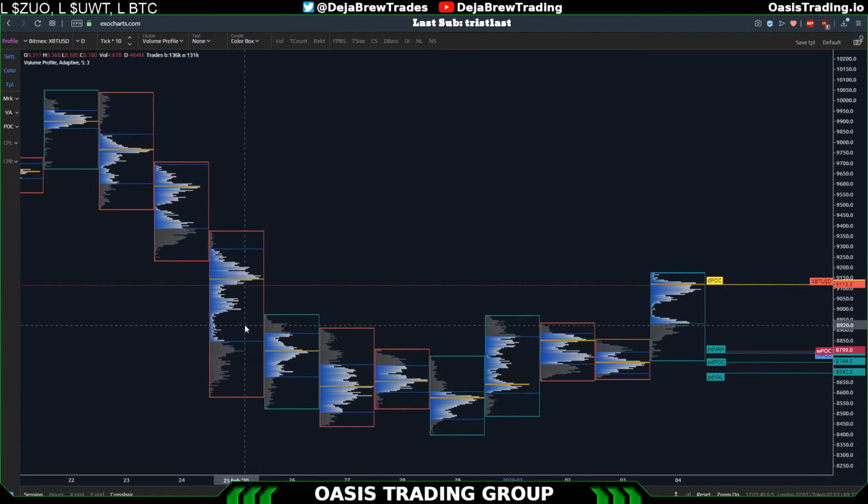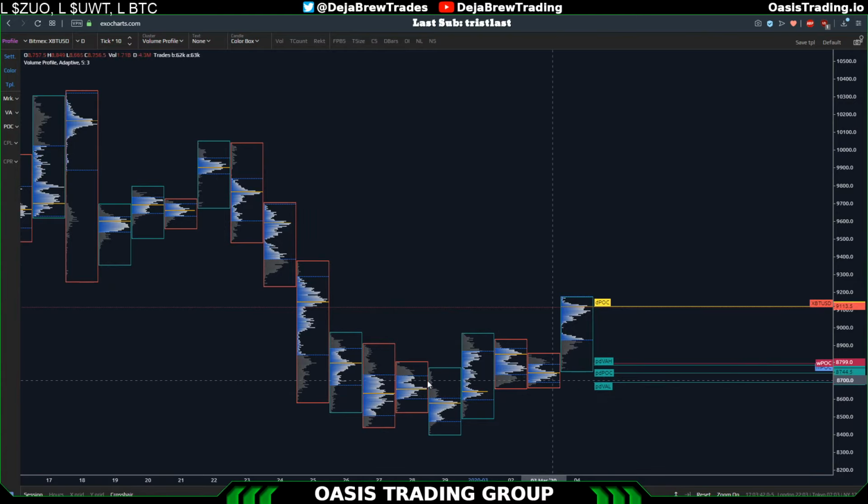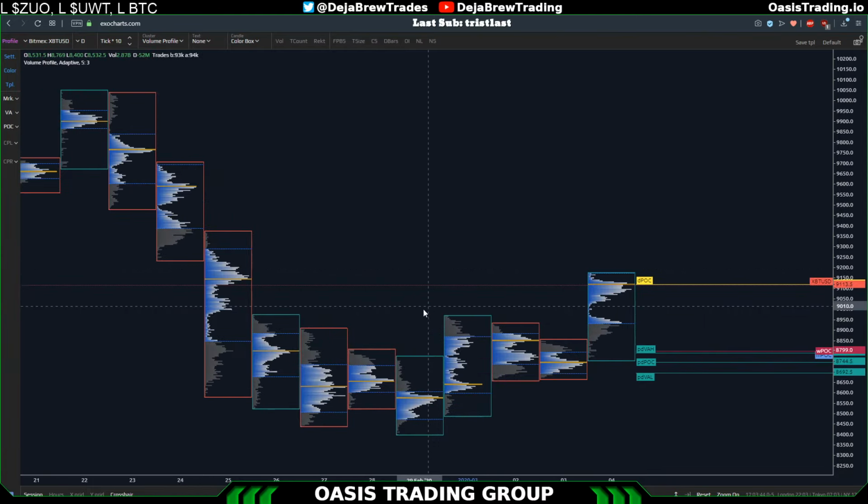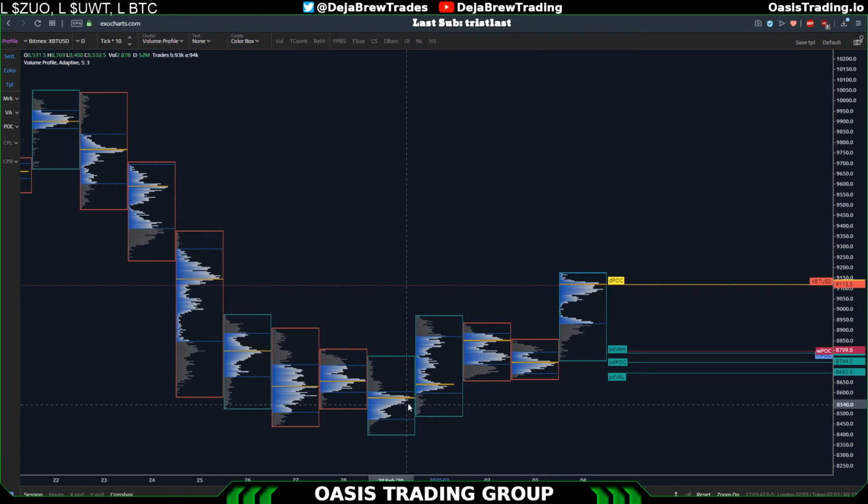So when I'm looking for this accumulation, I will look at where price is finding value. Where are we seeing multiple value areas in the same spot, right? So we're seeing 1, 2, 3, 4, 5, 6, 7 days. You could even include the bottom of this one. But during this accumulation, we're seeing 7 days of value all basically in the same spot, right?